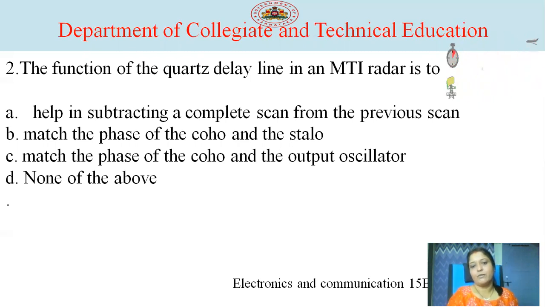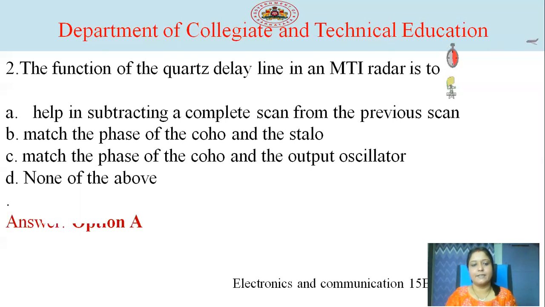What is the purpose of the delay line in the MTI? Let's try to answer. Yes, the correct answer is option A, because it helps in subtracting the complete scan from the previous scan. That is, we are taking one at T1 and one at T2.